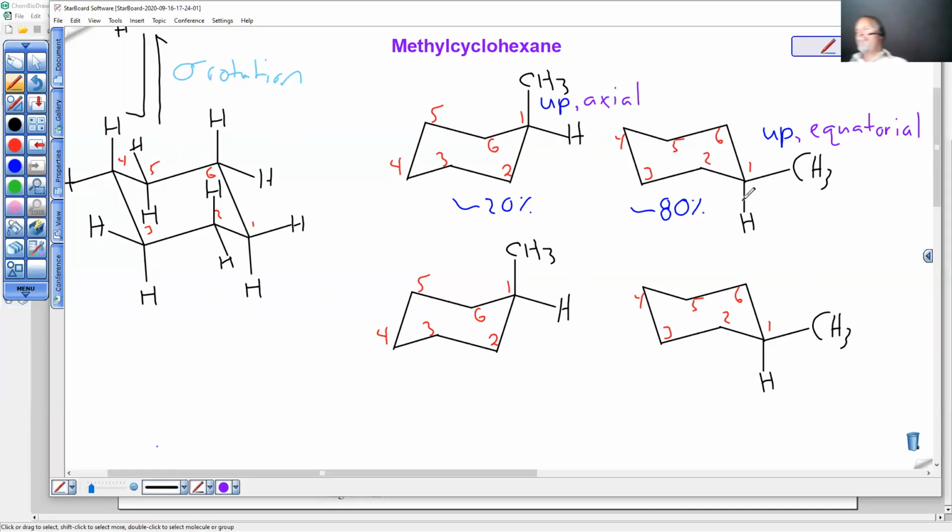Okay, the main question still remains. Why does the molecule spend 20% of its time like this and a whopping roughly 80% of its time like this? I'm going to show you something on the bottom two copies of the top molecules. I'm going to draw the axial H's that are there and there.